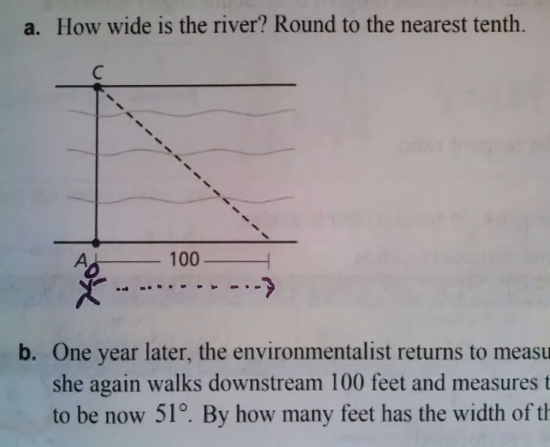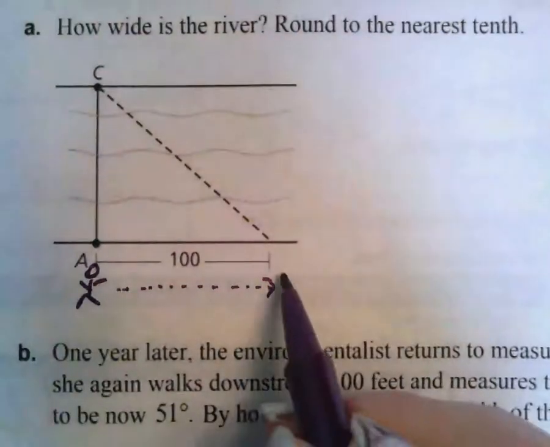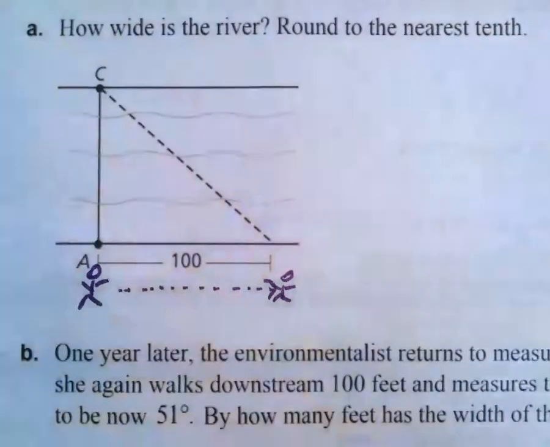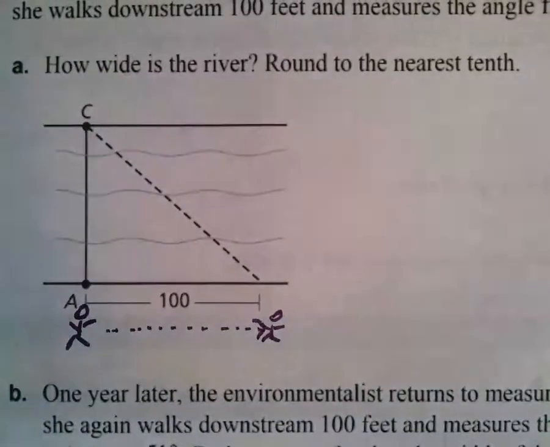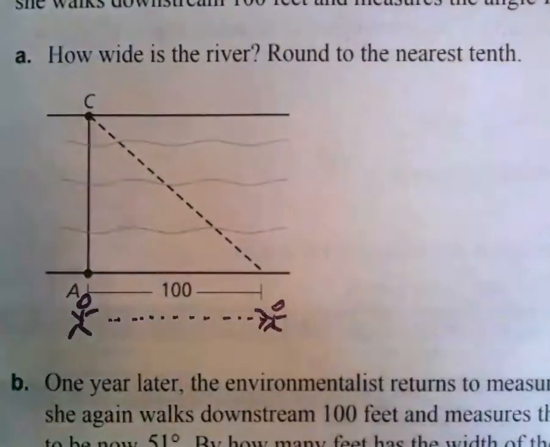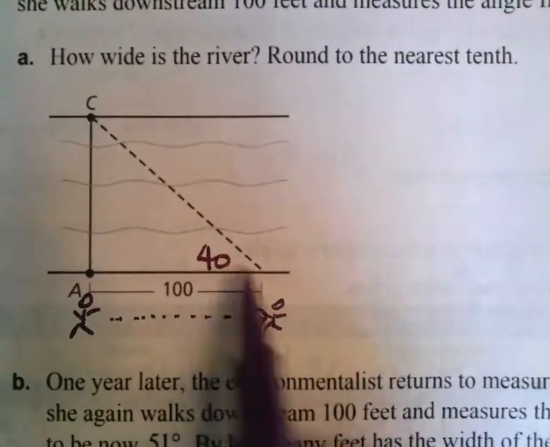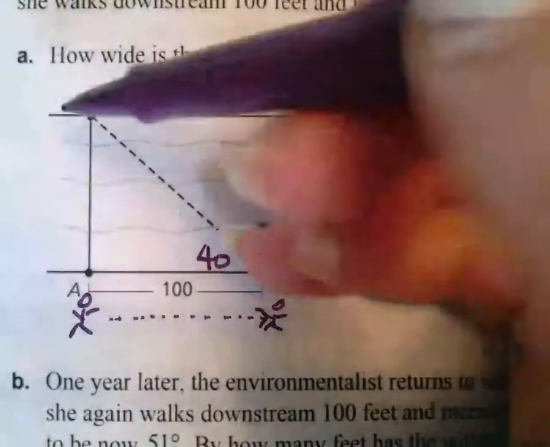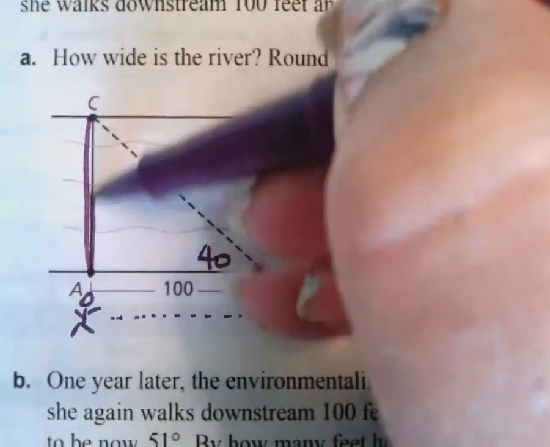Feet, no, 100 feet. And then she ends up over here. And from that point, she knows the angle that she's looking across to point C, which isn't even on camera, she knows this is 40 degrees. Okay, she's able to measure that. Because what she wants to find is how wide is the river.